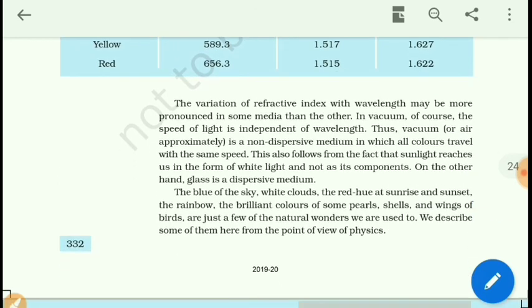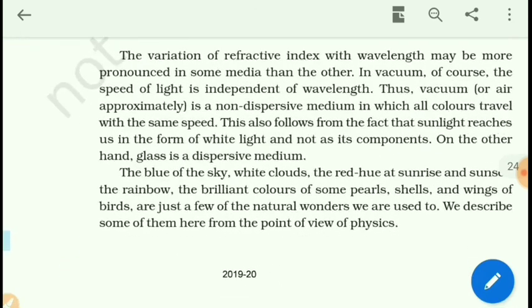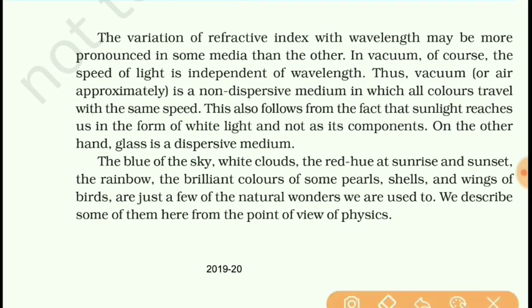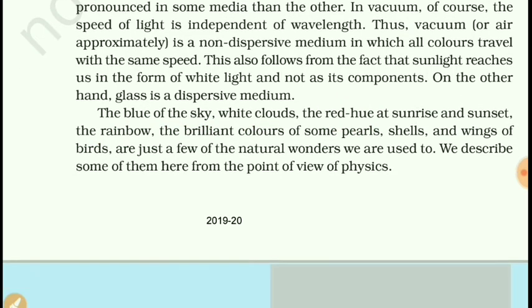As a result, many phenomena can be observed, like why the sky appears blue, why the clouds are white, why there is a reddish or orangish hue during sunrise or sunset, also formation of rainbow, etc.